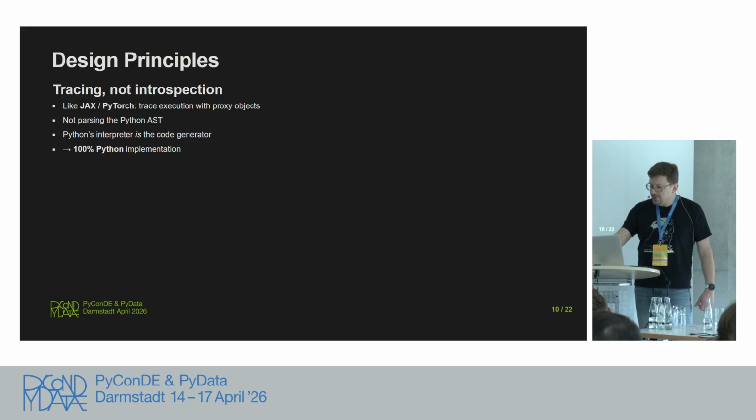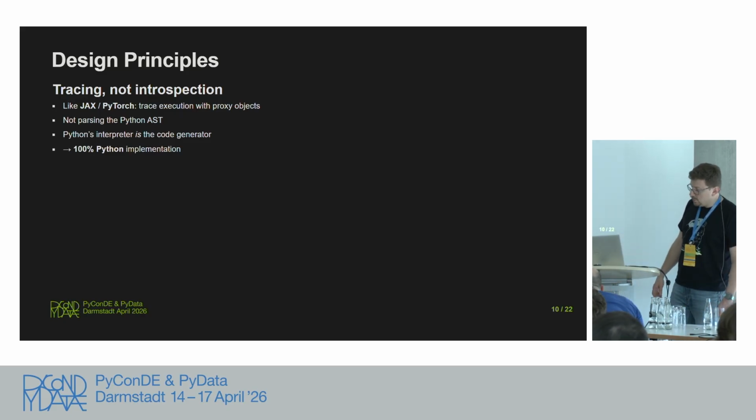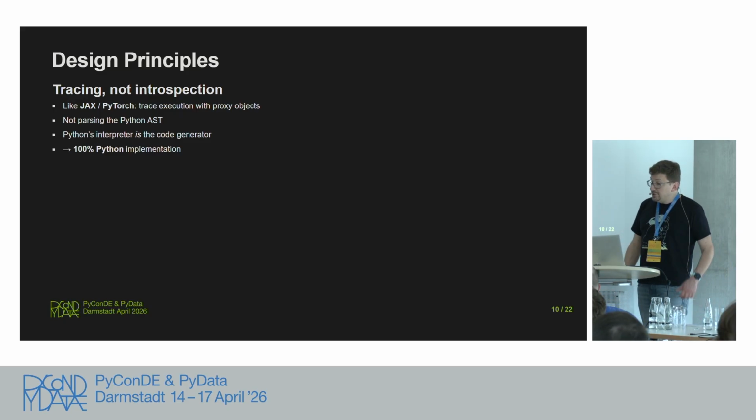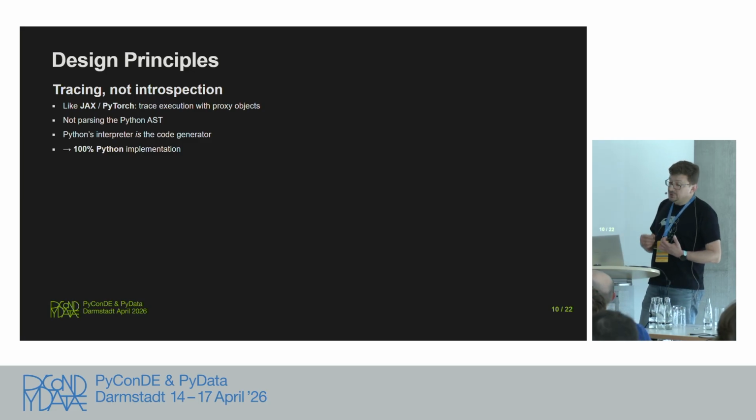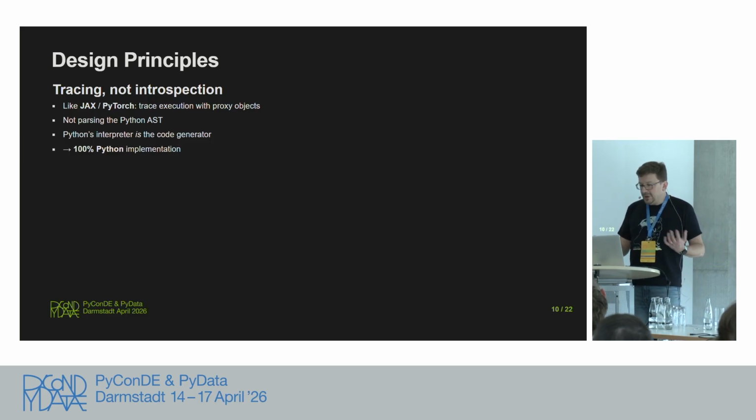So how is Metashade different from Warp or Taichi? First of all, we don't rely on introspection. We rely on tracing, kind of like JAX or PyTorch. We don't parse the Python AST, and we don't write a compiler.